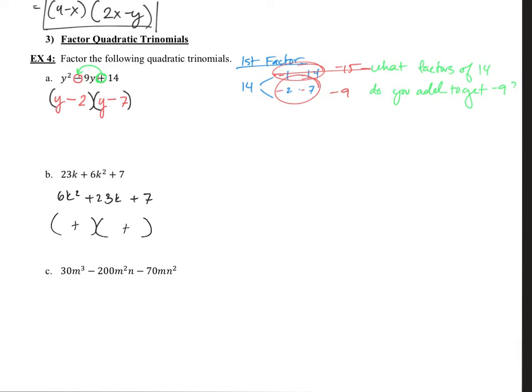Alright, so now we're going to go ahead and do the factoring. But right before that, the question is, from the factors of 6 and 7, what do we add to get 23? So how do we add to get positive 23? If this was a minus sign here, we would be saying, how do we subtract? Okay, so factors of 6 and 7.